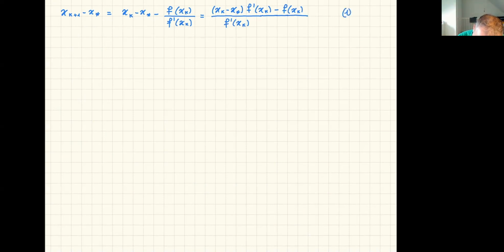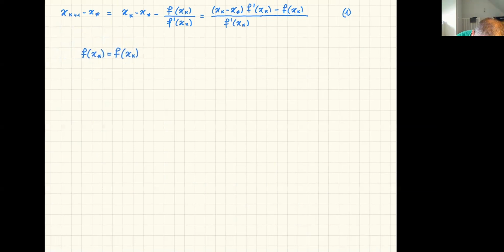Now, I'm set to use Taylor's theorem. And what I will do then is start expanding the function f around xk. Now, when I do that, I'll first do it and then show you why the hypotheses are relevant. Let me just write this a little bit here.